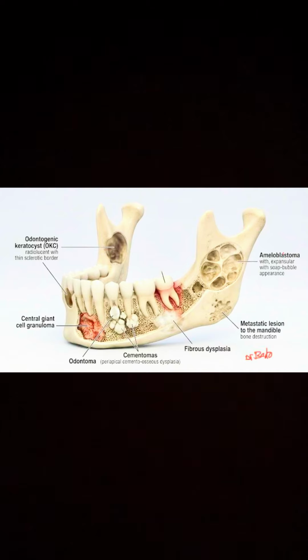Part 2 is enucleation of the lesion followed by primary closure. Waldron's method is a two-stage procedure: marsupialization followed by enucleation. Decompression is distinguished from marsupialization by making a smaller window in the lesion and securing a tube for daily irrigation.